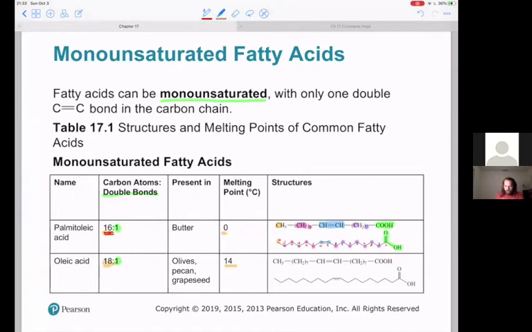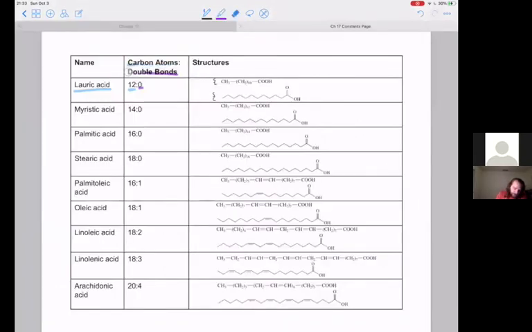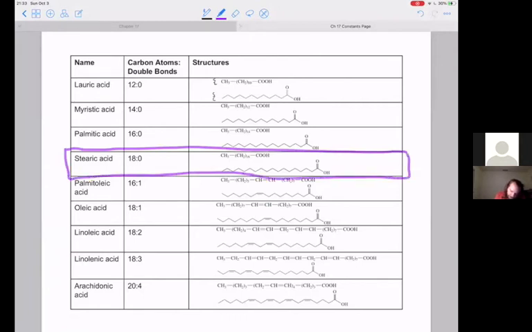Okay, so just that one double bond, that one introduction of 1 degree of unsaturation, has taken us from being a solid at room temperature to a liquid at room temperature. And so let's look at our constants page and see if we can hammer this point home here. Let's look at stearic acid and compare that to oleic acid.